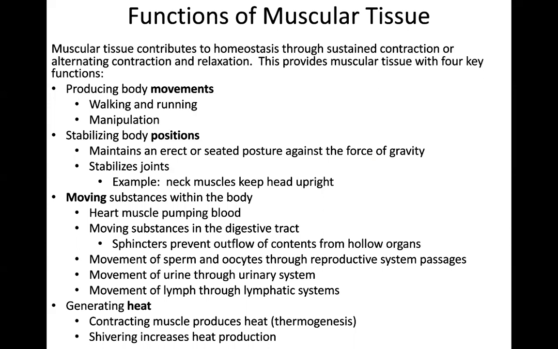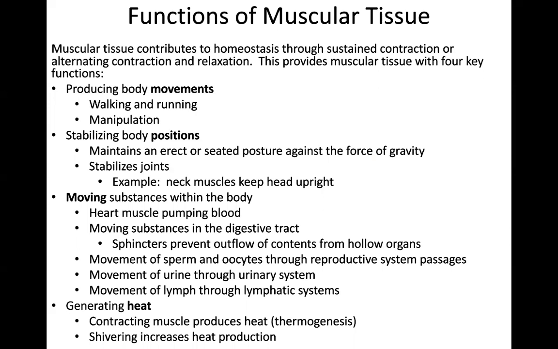The third function there, moving substances within the body, relates to those other two types, cardiac and smooth, which is moving substances like blood out of the heart by way of the heart muscle pumping. Substances in the digestive tract, thanks to smooth muscle, are able to move around and be pushed forward.